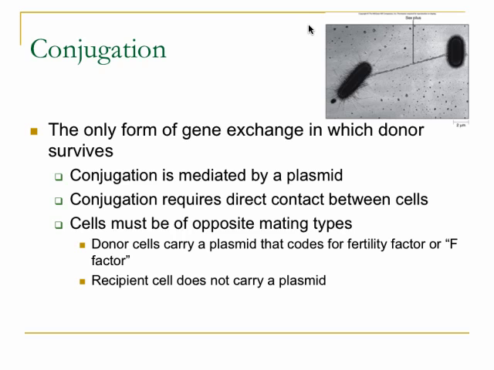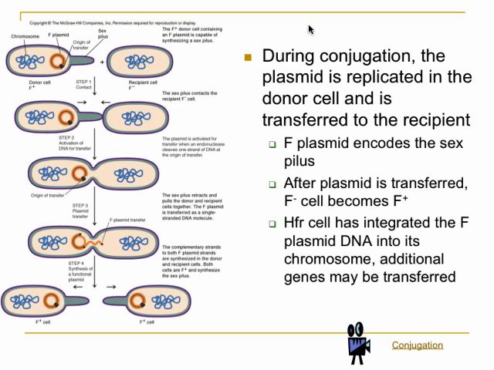And only cells that don't have these genes will be able to act as recipient cells. So they must be F plus in order to donate DNA, and F minus in order to receive the DNA.